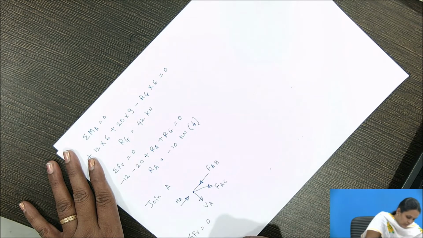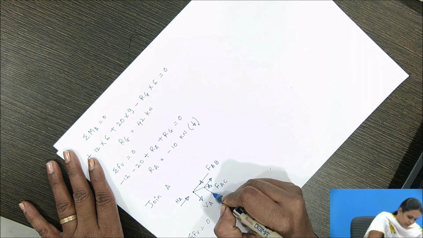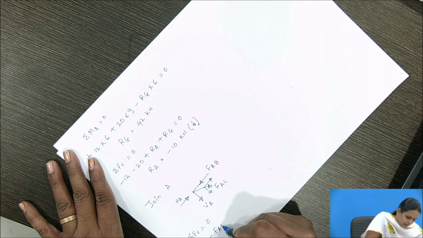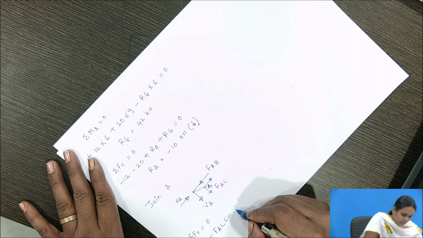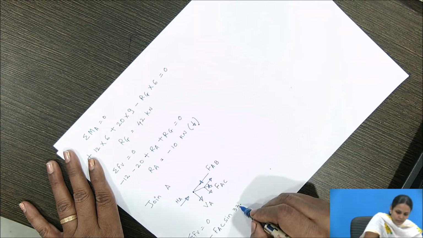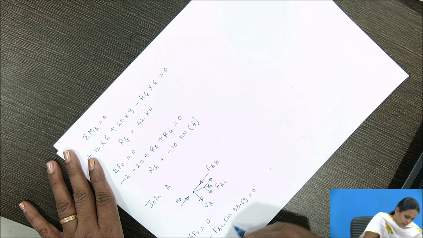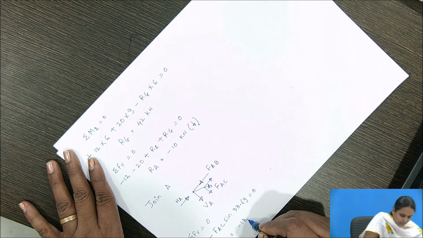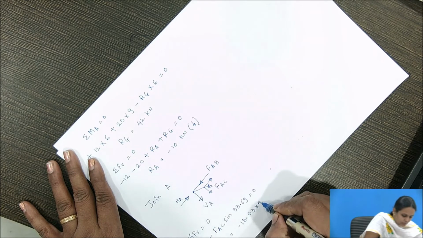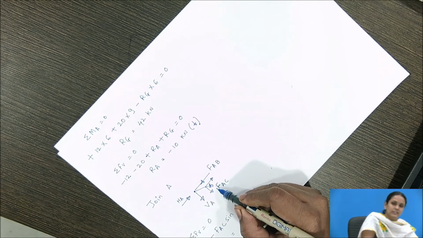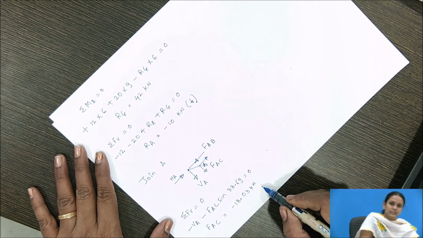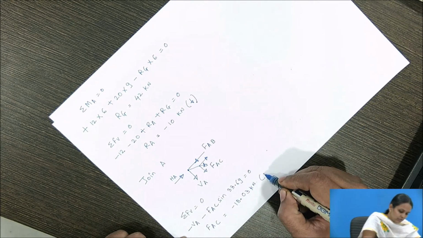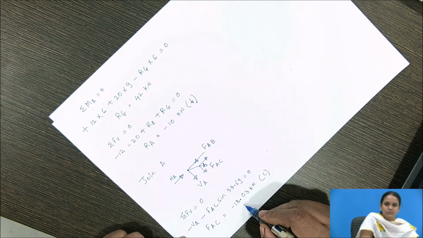So here it is minus Va, again the component of force AC, minus force AC sine theta, 33.69 is equal to 0. So from this equation we get the force in AC as minus 18.03 kilonewton. Here I have assumed it as a tensile force, but we got a negative value. It means the nature of force is compressive.